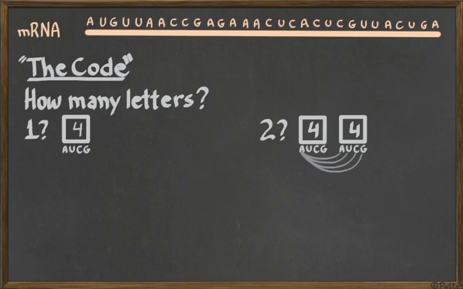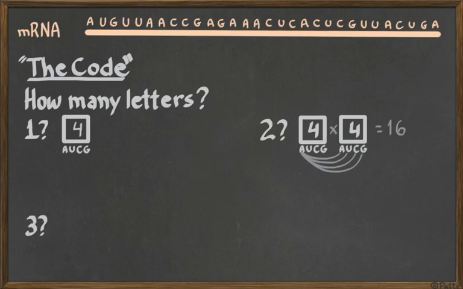In this case, I can make 4 times 4 combinations, which makes 16 possible combinations of letters. And this is almost enough. 16 combinations is pretty close to what we need, but it's still not enough, because we have 20 amino acids to be coding. So 2 letters is not enough.